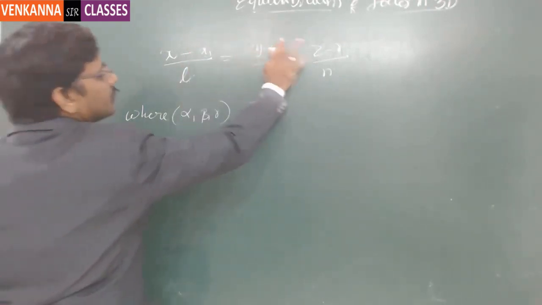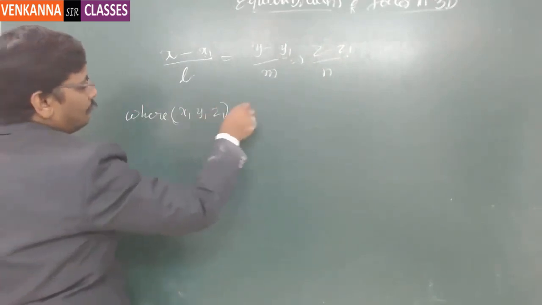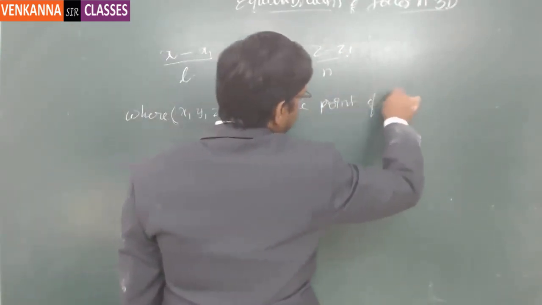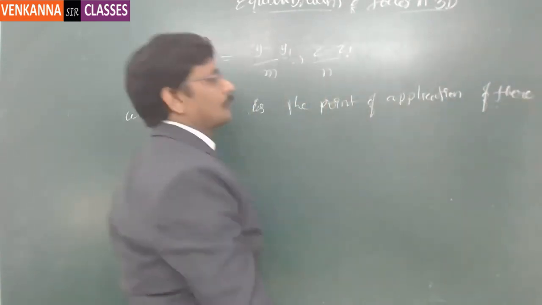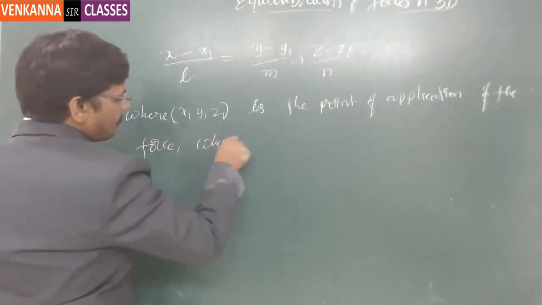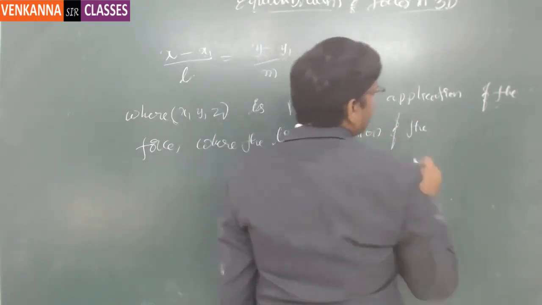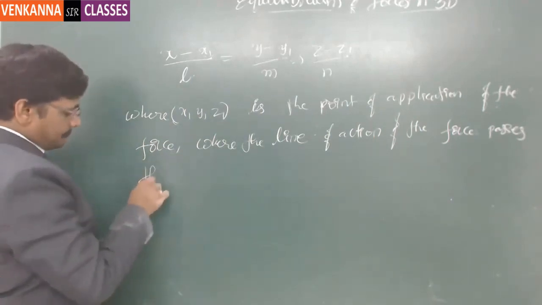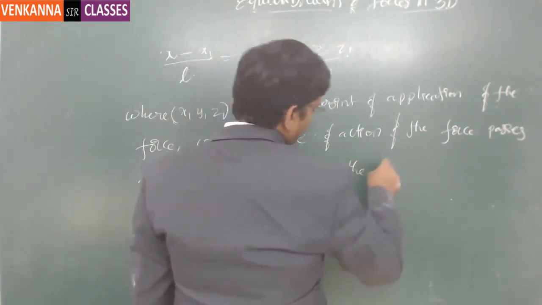It might actually confuse, so I call this x1, y1, z1. x1, y1, z1 is the point of application of the force, where the line of action of the force passes through. And L, M, N are the direction cosines.